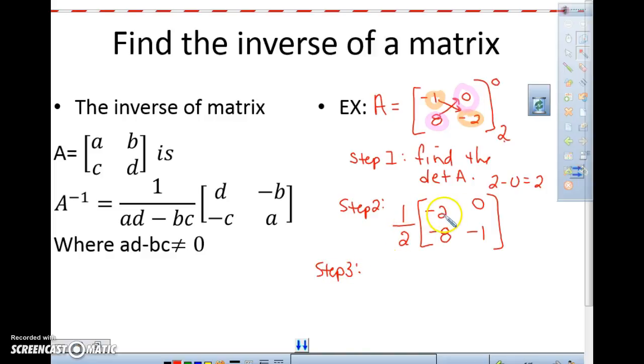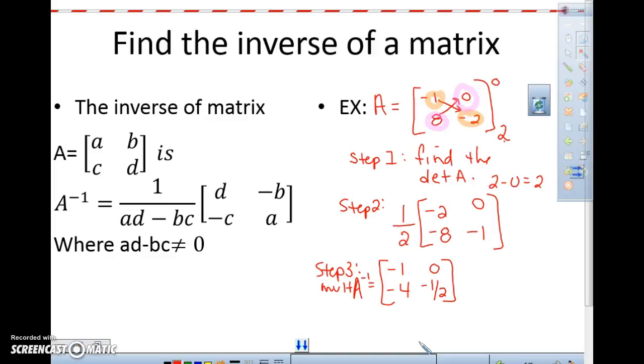Sometimes on a multiple choice, they will go ahead and multiply this through. What's 1/2 times -2? -1. 1/2 times 0, well that's 0. 1/2 times -8. 1/2 times -1. So this would be our inverse matrix.